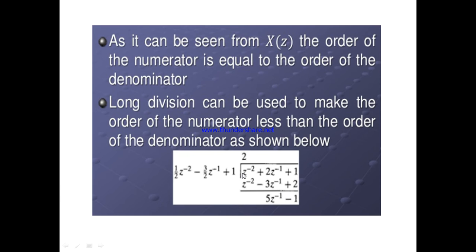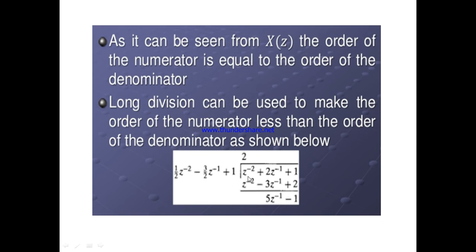So here is the long division method. We write the numerator here and the denominator here. In the first step we have to make the first element 0.